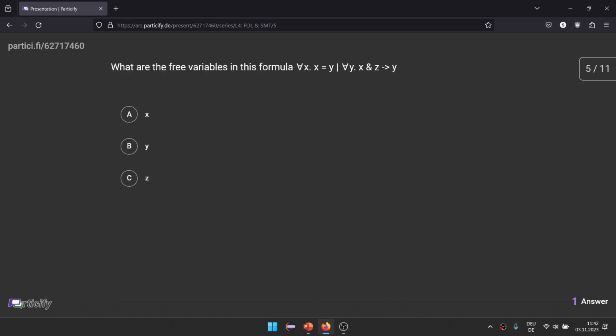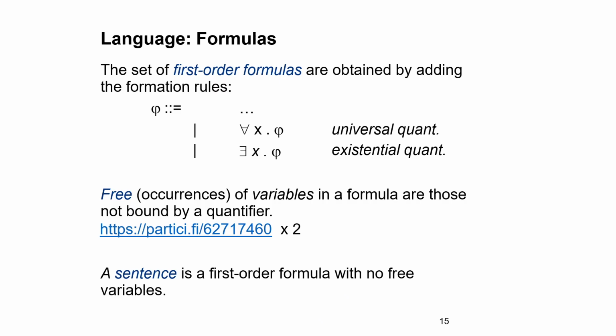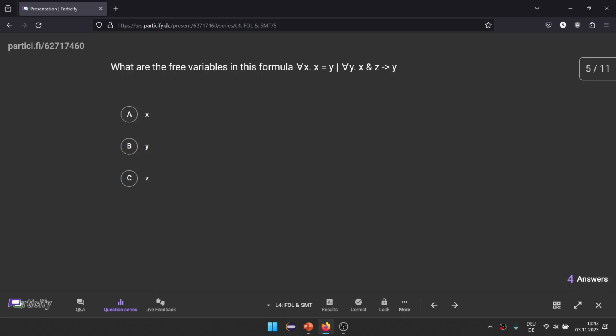Did we say which binds stronger? No, we didn't have the operator precedence, did we? Let me check. Do I have it on this? No. Okay, so let's put some parentheses. Now I'm in presentation mode, I can't easily edit it. So imagine some parentheses here, and some parentheses around this other one as well.